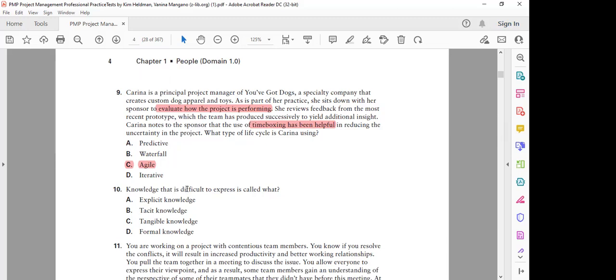Question number 10. Knowledge that is difficult to express is called a very easy thing. And always my first day of training, I call it. Yes, Mr. Heather, you are correct. Which type of knowledge cannot be expressed?